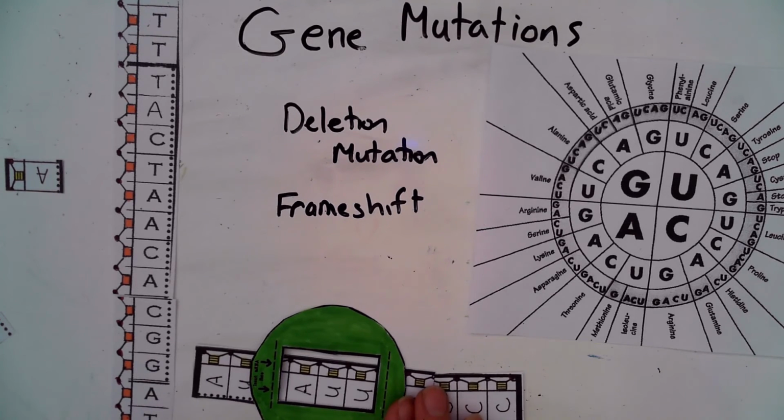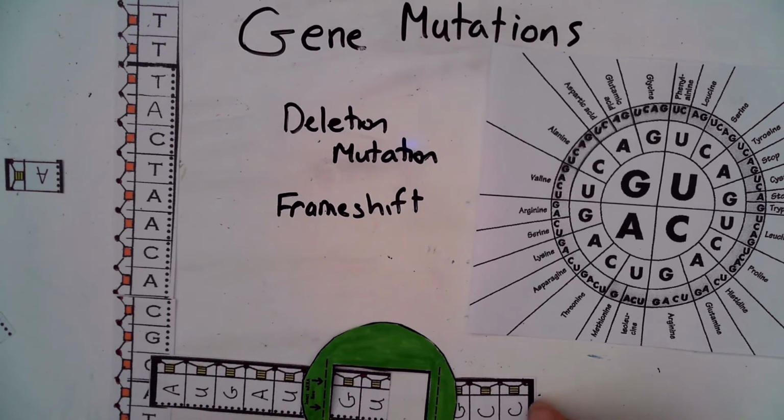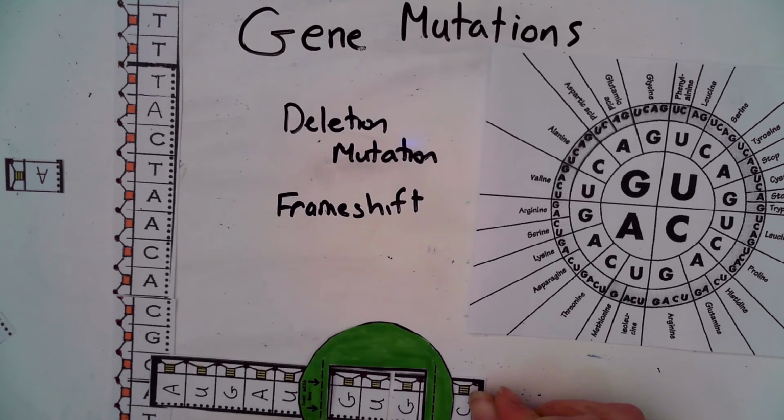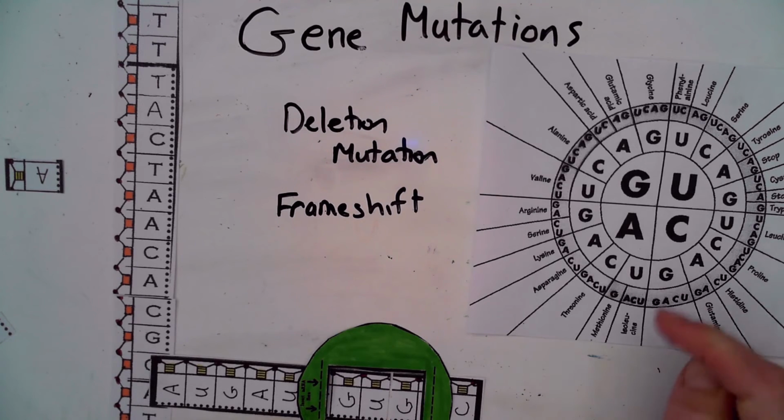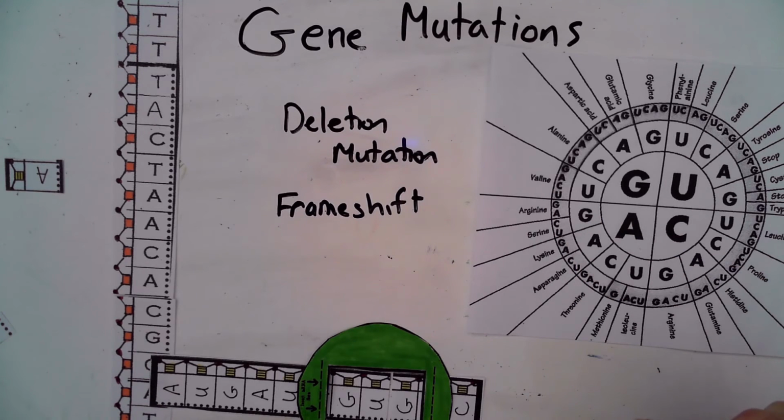Okay? Second one, no problem. Third one, remember there used to be a different nitrogen base there. And instead, this one's going to be slid into place. So this is going to result in a different amino acid being added. GUG is going to be valine.